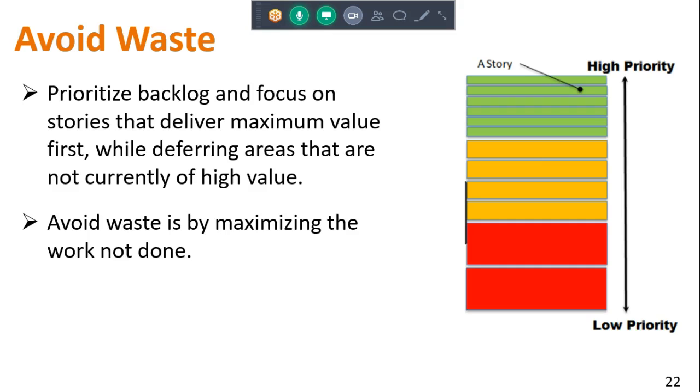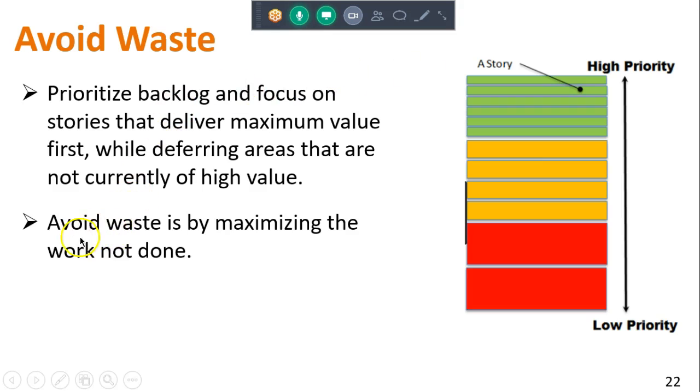Even at the initiative horizon, it's a little bit higher level of detail. I know that I want to accomplish something, I know specifically what I want to accomplish, but I'm not exactly sure how that's going to be implemented when it comes down to actually writing the code or developing the application.